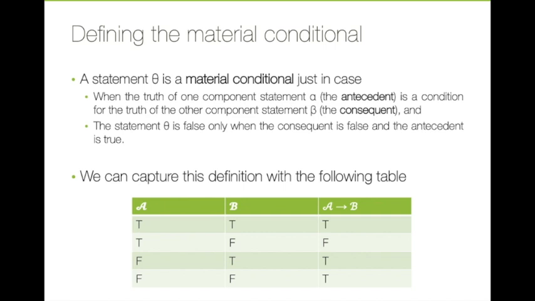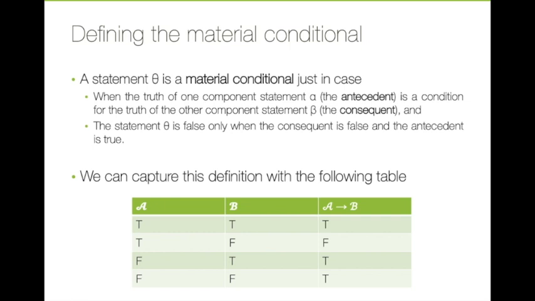Also, remember that the material conditional is directional, so you have to pay attention to which complex statement is the antecedent and which statement is the consequent. A statement counts as a material conditional when the truth of one component statement, alpha, the antecedent, is a condition for the truth of the other component statement, beta, the consequent.